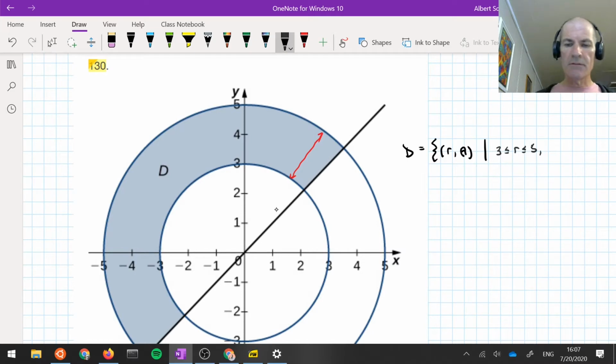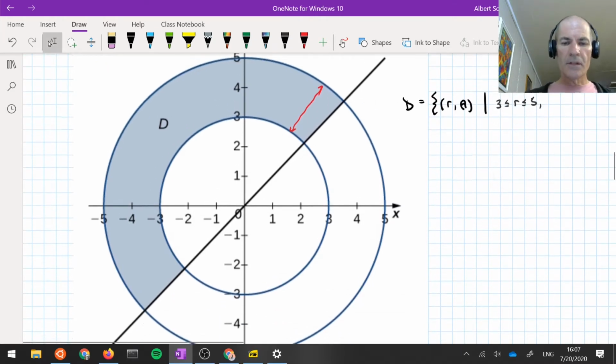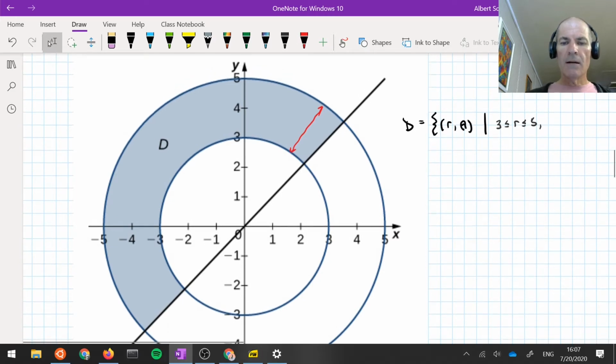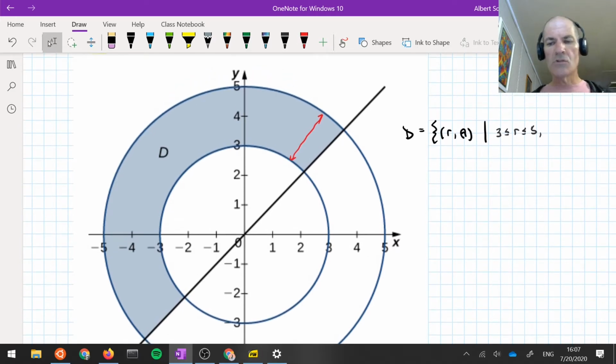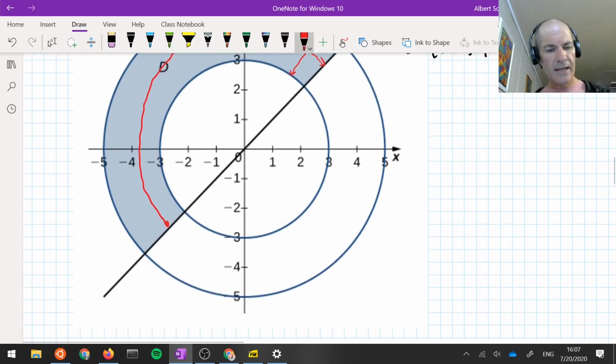But that's not enough. If we just stop there, then we would get this whole donut-shaped figure. Over what range of values does theta travel? Well, we can see that theta is going along from here to here, and we recognize this as starting at pi over 4 and ending at 5 pi over 4.